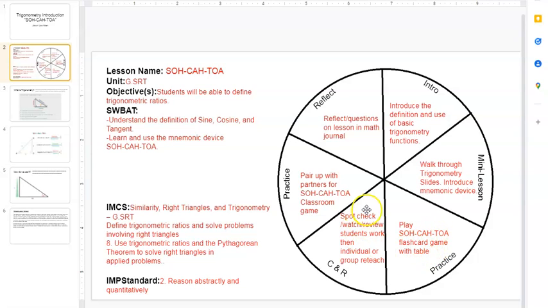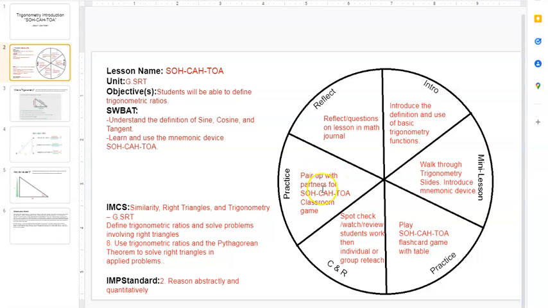During that time, I would walk around, spot check, see if there are any issues they're having, and fix individual problems per table. If it looks like there's a larger systemic issue with understanding, I would go back and reintroduce that to the entire class.